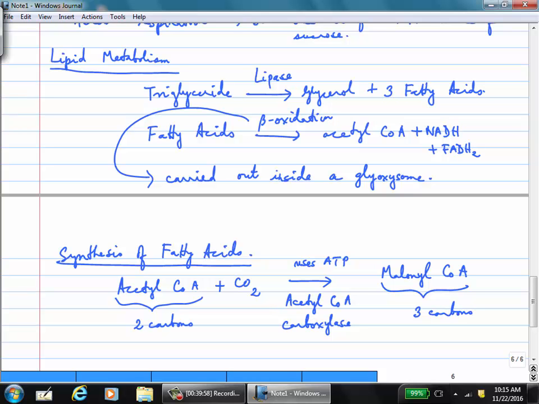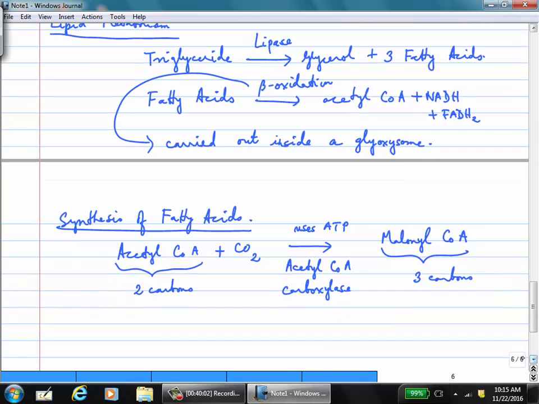So the first step in fatty acid synthesis is the formation of malonyl coenzyme A, and this is the rate limiting step. If you want to stop the synthesis of fatty acids, the negative regulators will negatively regulate acetyl coenzyme A carboxylase. It will stop the production of malonyl coenzyme A.